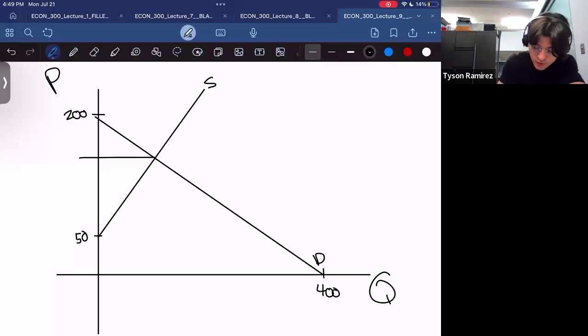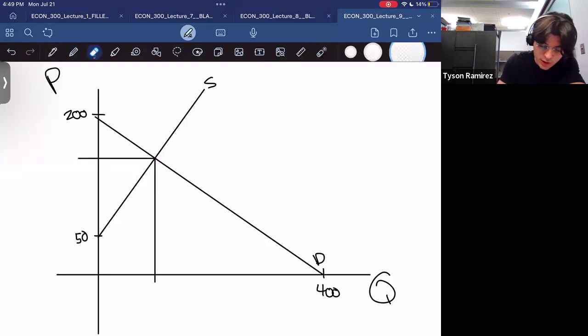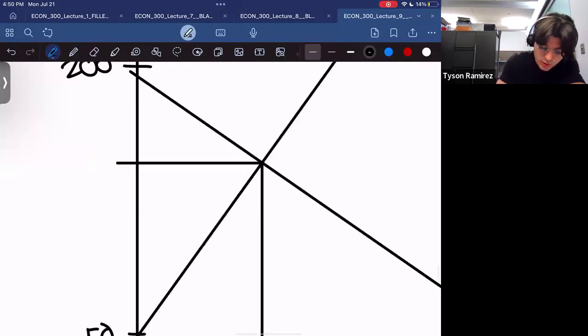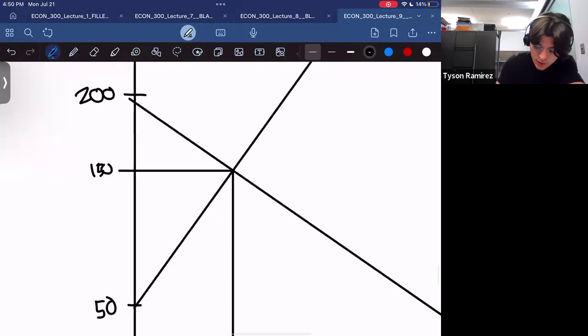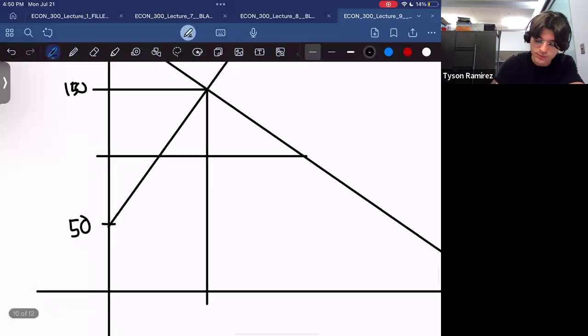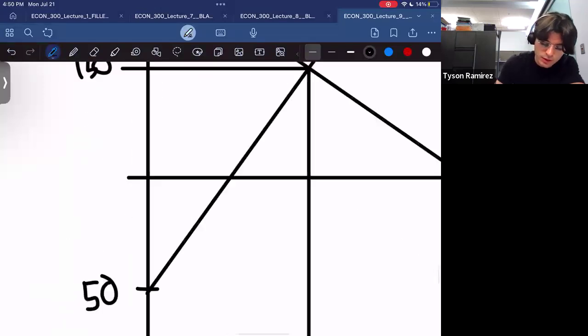We know that we should be here if we didn't interfere with the market. But there's some kind of market intervention occurring. This was 150. But now, let's do something like this, all the way across.